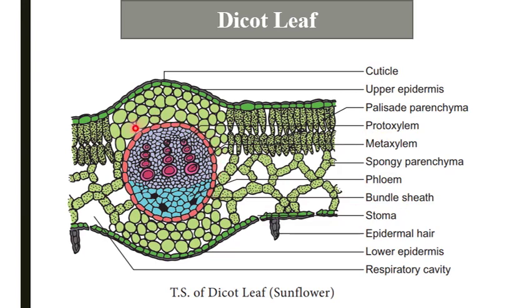Pink lines surrounding these tissues are called bundle sheath cells. Xylem consists of protoxylem and metaxylem. Phloem consists of sieve tubes, companion cells, and phloem parenchyma. A respiratory cavity is also present, which is linked to the stomatal opening on the lower epidermis, and epidermal hairs are also present on the dicot leaf.